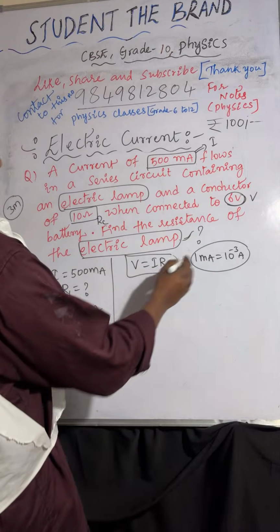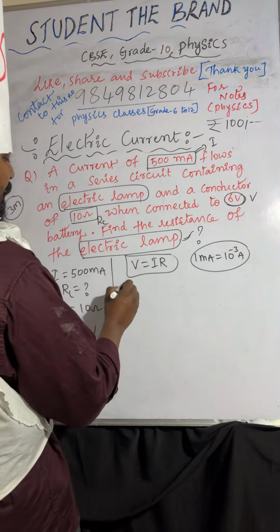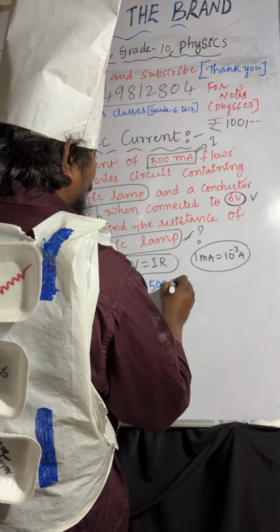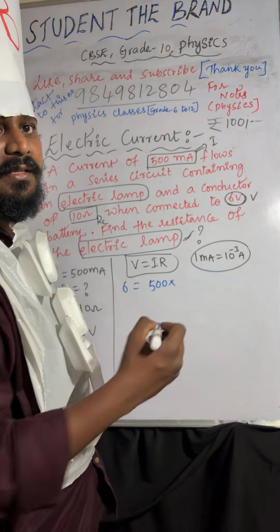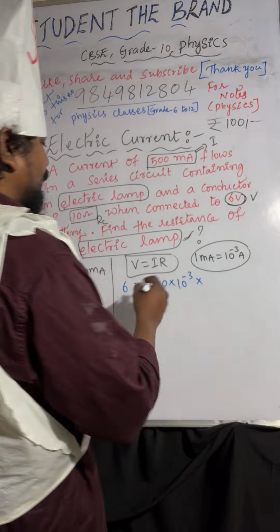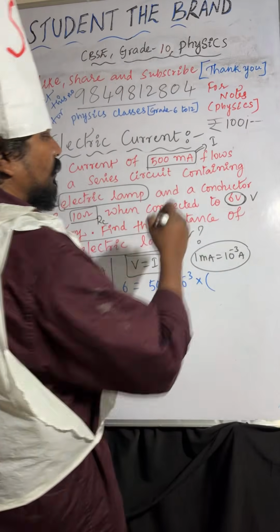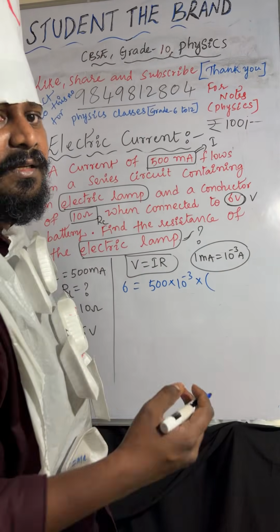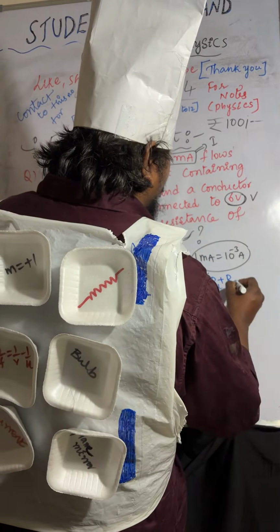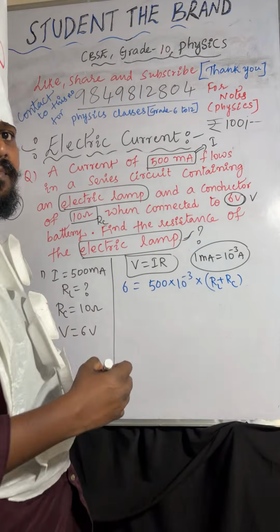V is already given as 6. I is given as 500 into 1 milliampere, that is 10 power minus 3. So here is the problem: here they give 2 resistances. Resistance of the lamp plus resistance of the conductor.